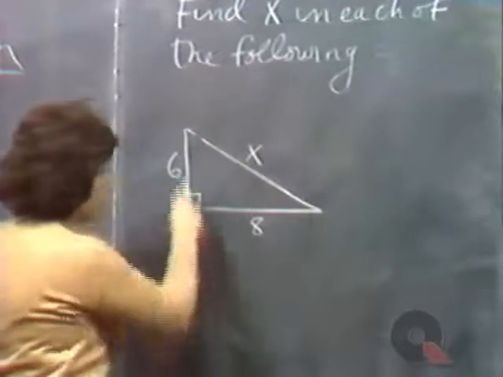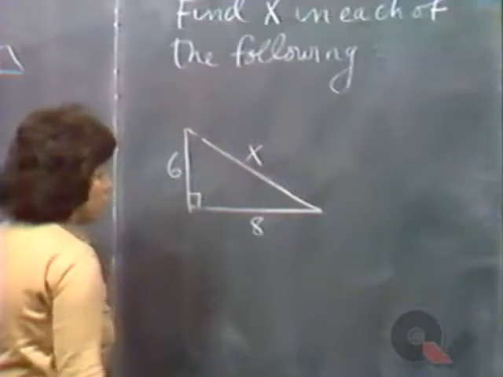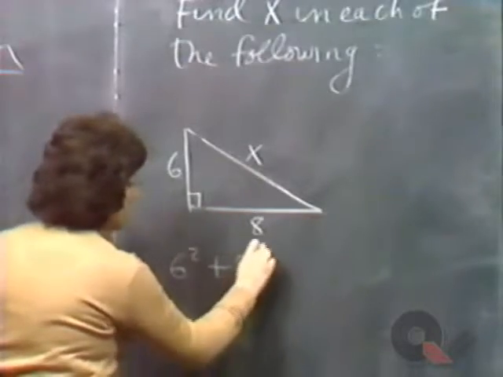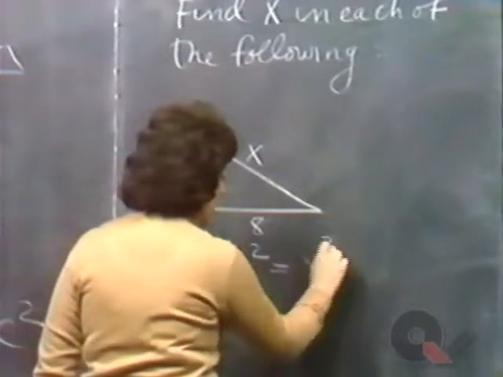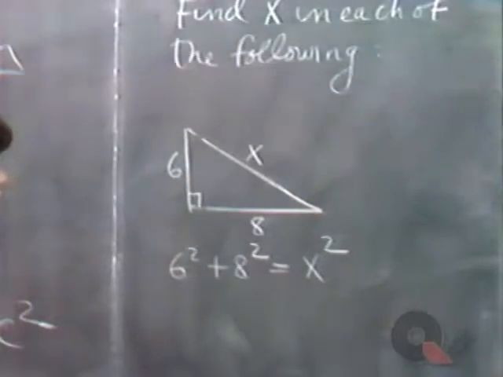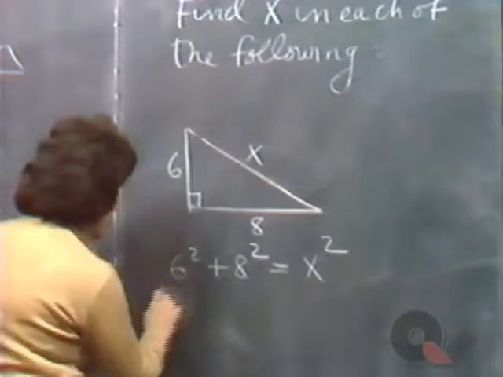Since it is a right triangle, the sum of the squares of the legs equals the square of the hypotenuse. That is 6 squared plus 8 squared equals x squared. A squared plus b squared equals c squared. Using it here, 6 squared plus 8 squared equals x squared.